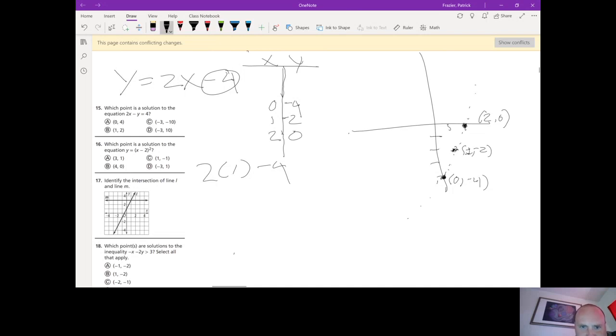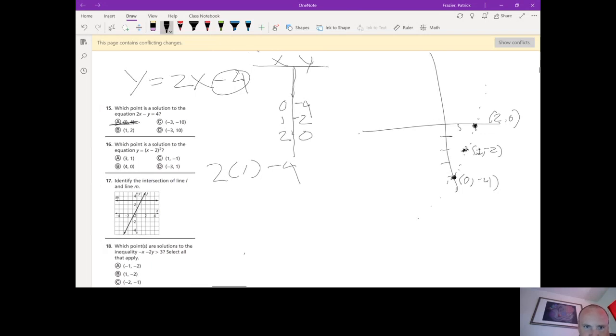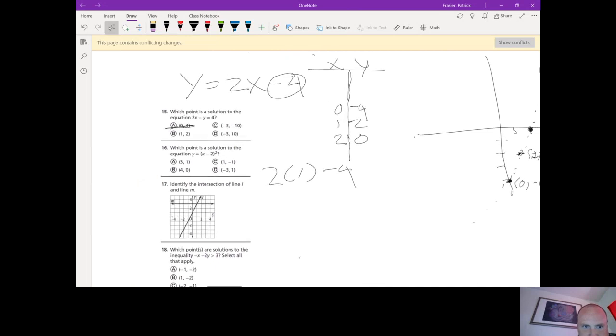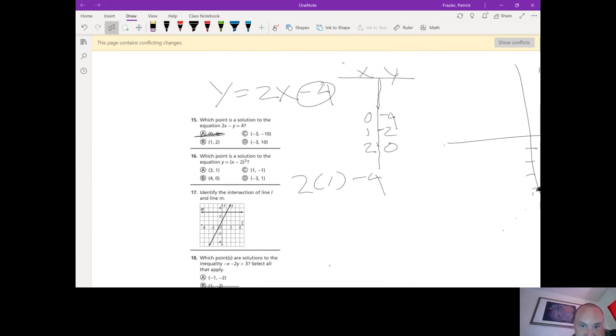Okay, so now what about 0 and 4? Well, when x equals 0, y equals negative 4, not positive 4. So we know that's wrong. And we could also substitute that into the original equation. If you remember what I said, graphing this was completely unnecessary.